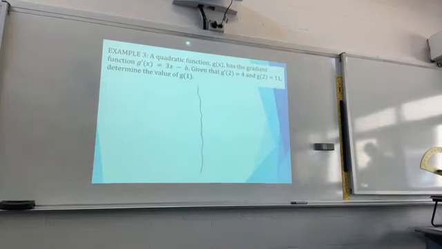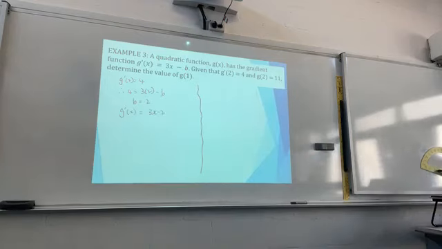So you know that g'(2) equals 4. Therefore, 4 equals 3 times 2 minus b, and b is therefore equal to 2. So you know the gradient function is 3x minus 2. Can you continue with the rest, please?